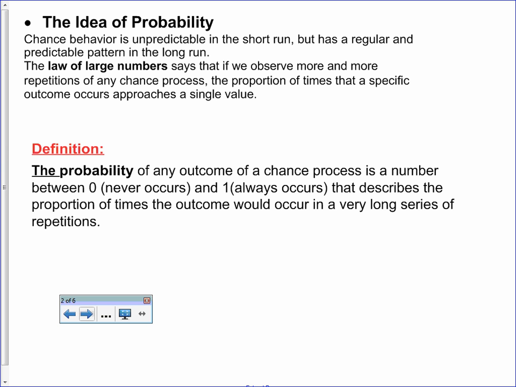In the short run, it's very unpredictable. I can flip the coin and get heads. I can flip the coin again and get heads. The probability said half the time I should get tails, but that's not how it works. In the short term, you'll get these weird streaks. If we flip the coin 100,000 times, approximately 50,000 of the times we would get heads, and approximately 50,000 of the times we would get tails.